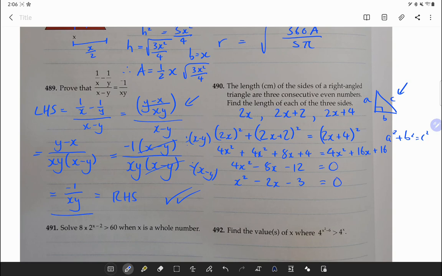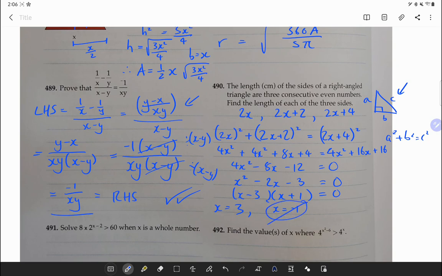We factorize. We want 2 numbers that add to -2 and multiply to -3. So I think that's this kind of business. Boom. So we're saying x is going to be either 3 or x is going to be -1.